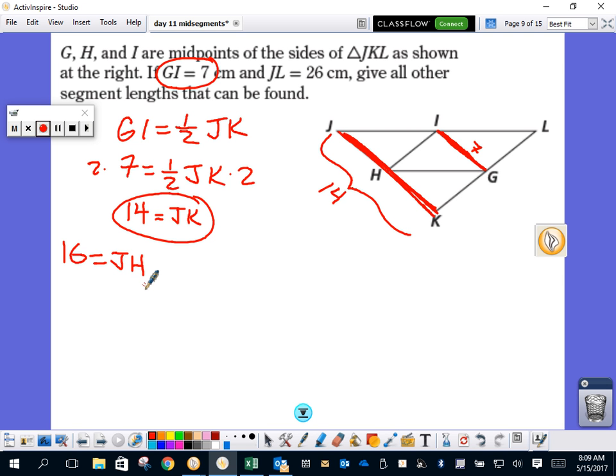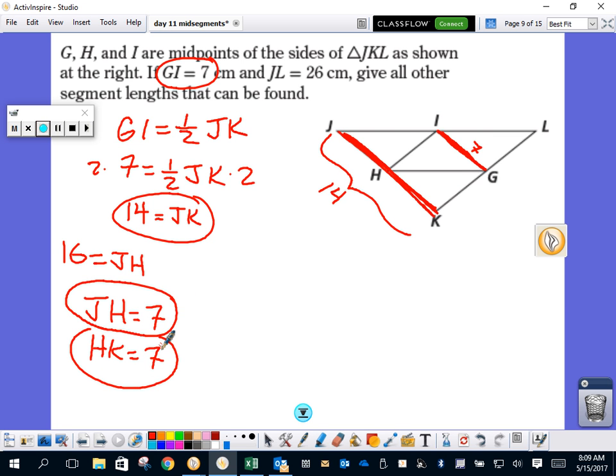So what's the length of JH? Okay, Shauna, can you help them out, please? 7. So JH equals 7. And so then HK also equals 7. Okay?